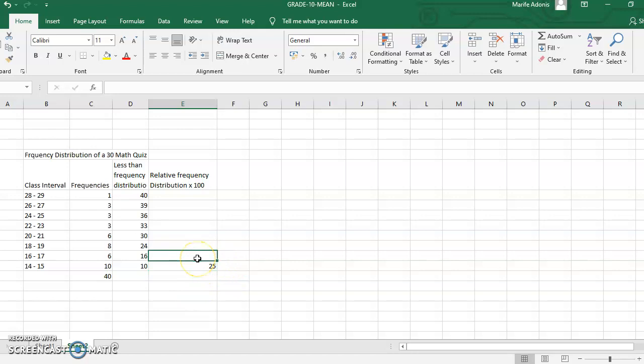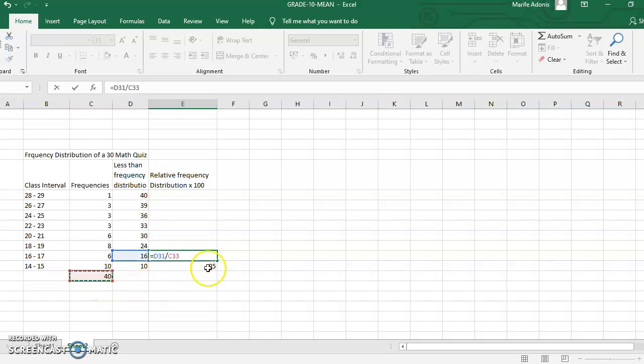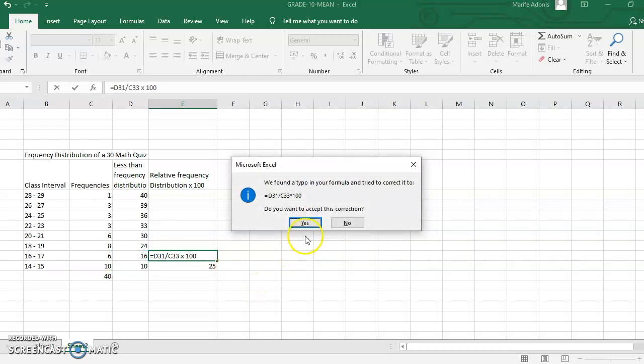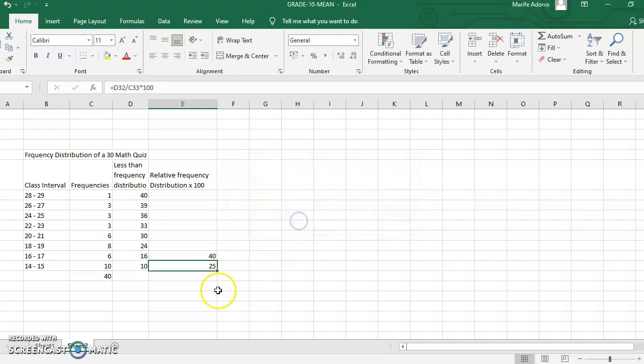So, let's start again natin. Next, 16 divided by 40 times 100. Kaya lang, baka naging type error. Kaya pala, no? Okay, so we will use the asterisk.